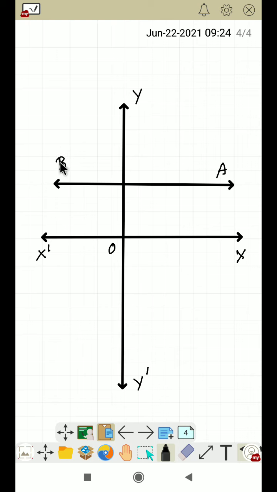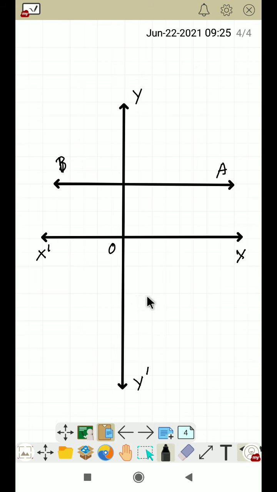So how to find the inclination? It is the angle made with the positive direction of the x-axis, in the anti-clockwise direction. Look, this line does not form any angle in the positive direction of the x-axis. That means it makes zero angle with the positive direction of the x-axis.